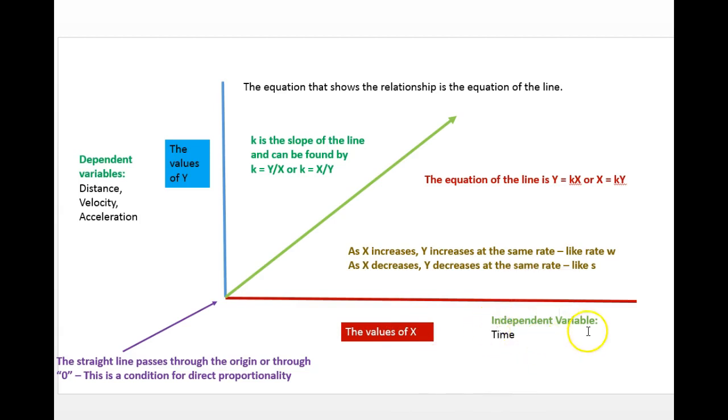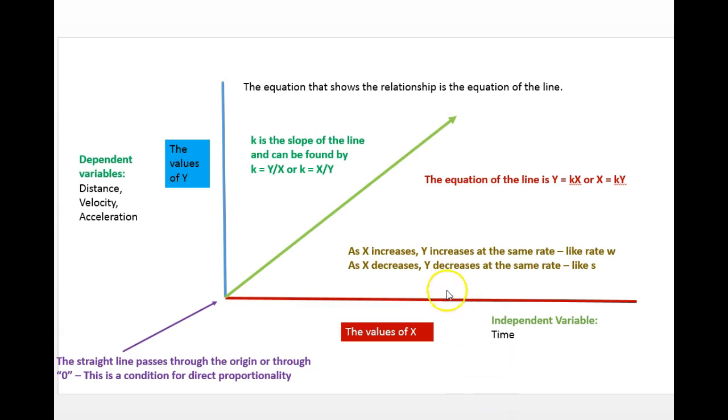This is supposed to be the independent variable, the thing that we are changing, whereas over here we have the dependent variable. In these examples, the dependent variables are generally the distance, or the velocity, or the acceleration, and the independent variable, which is what is constantly changing in terms of motion, is the time.